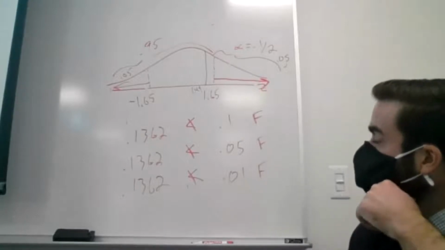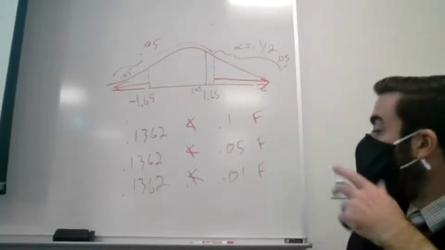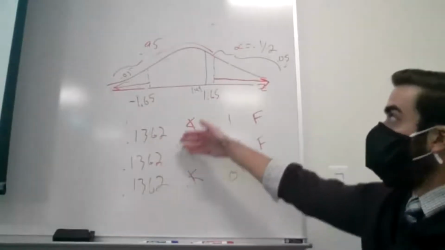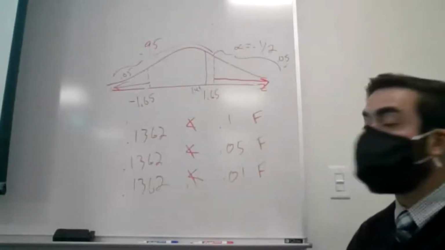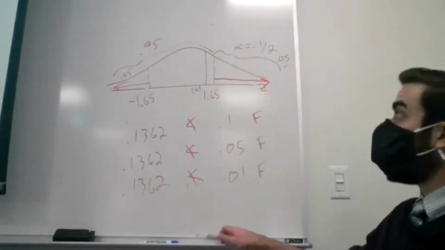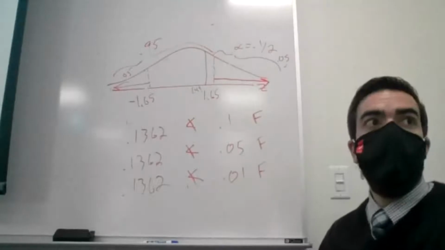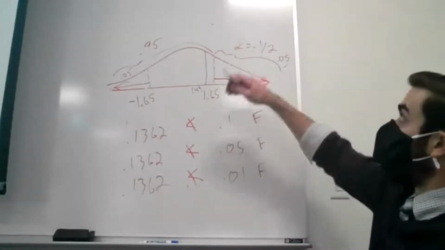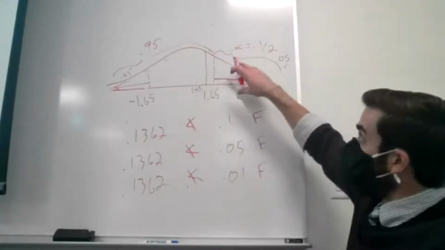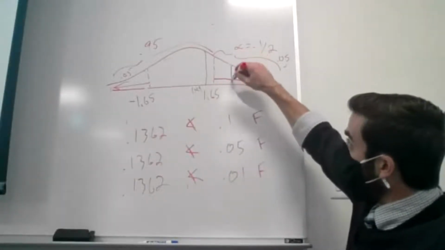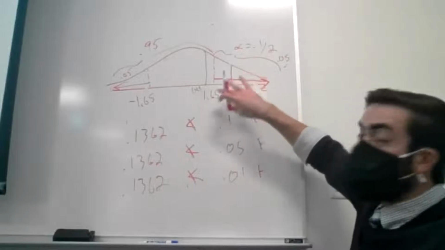Okay? So both approaches lead us to failing to reject. I didn't do the other two critical values, but we could look them up. But if I want to do a critical value for not an alpha of 0.1, but 0.05, well, that is a smaller area in the tail. So I'm going to have to look at a critical value that's even larger.